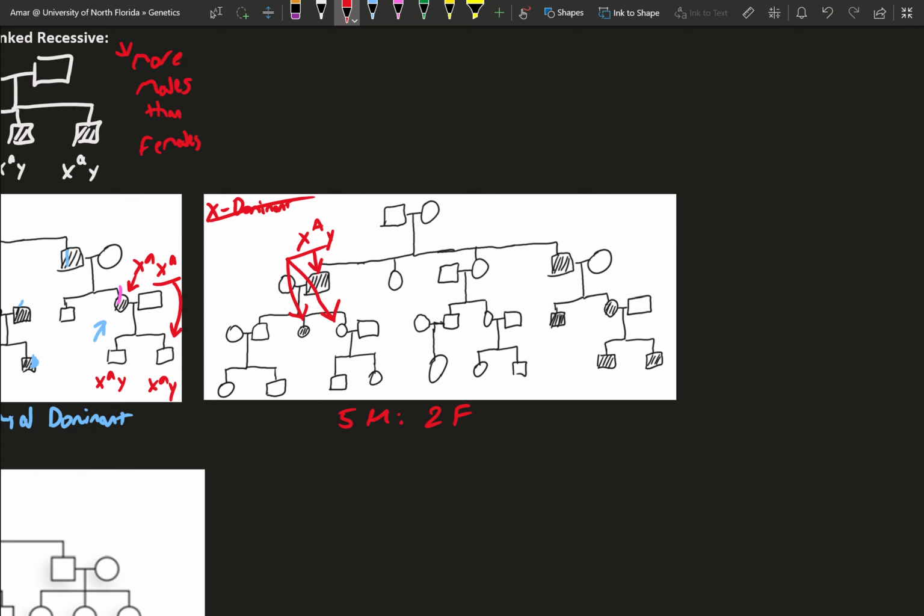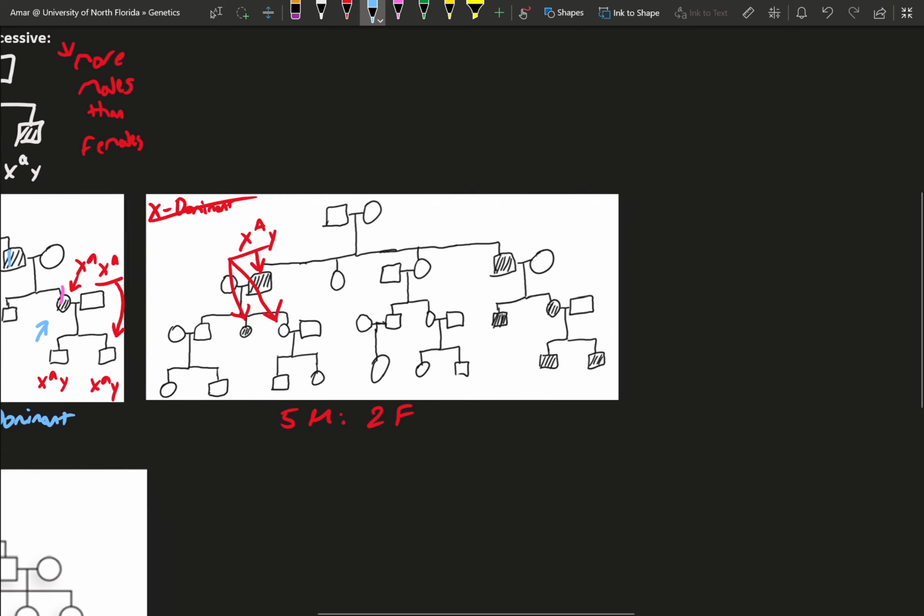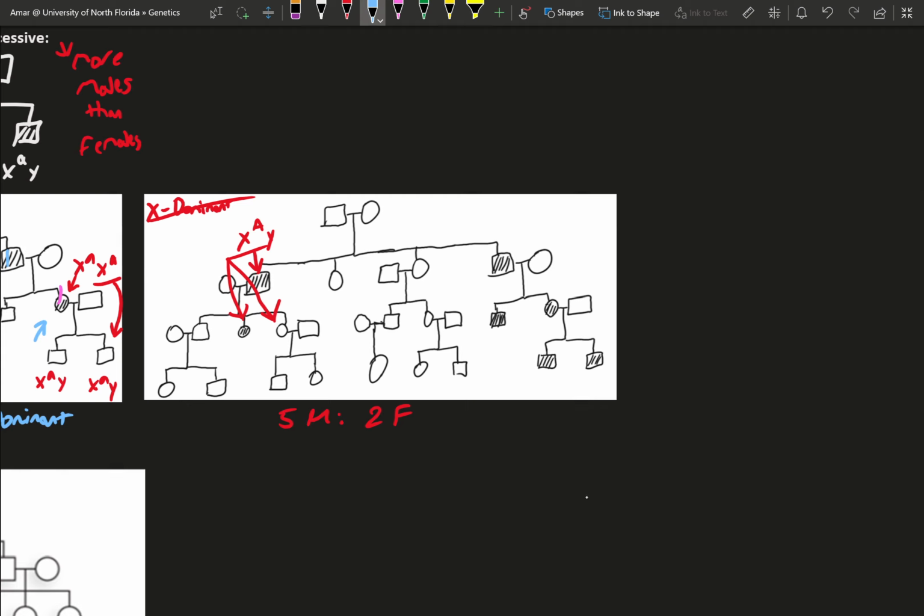And then let's try to figure out if it's X-linked recessive. We're going to look at this female first. If it's X-linked recessive, she would have to be X little a, and that X little a would have to be given to all of her offspring.